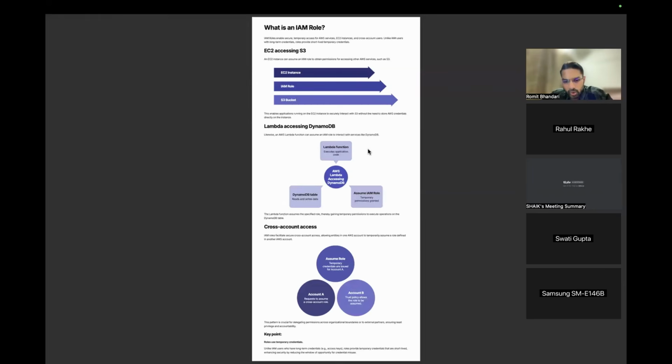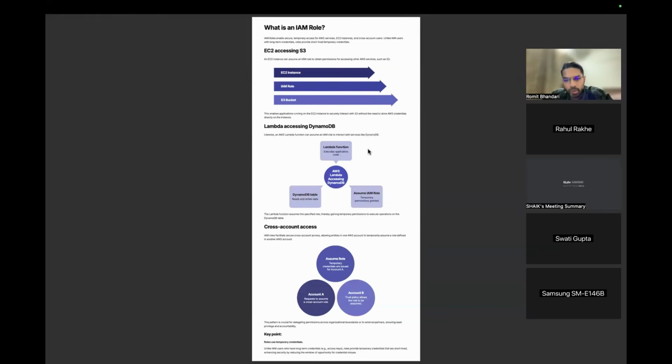Quickly on the cross account access, so there is an account A. This account A wants to access, let's say, S3 of account B. It could be any other service also.